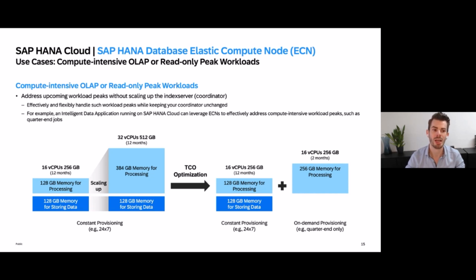So for instance, when analyzing data volumes, this is the case, or when running planning on top of an application. And what you can see in the bottom is a comparison of what it would mean if you would like to upsize or scale up a certain primary instance to handle these incoming frequent loads that are somewhat following a pattern that theoretically could be offloaded to a concept that is much more temporary in nature.